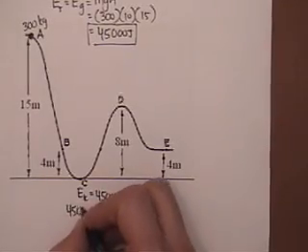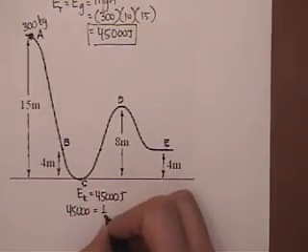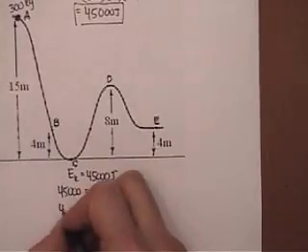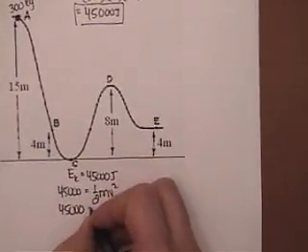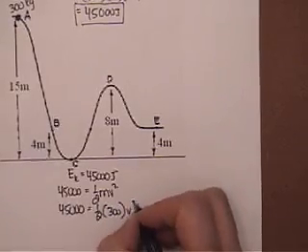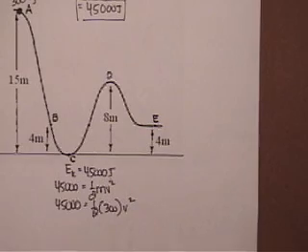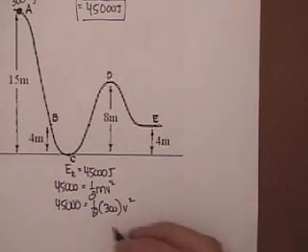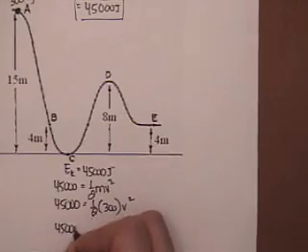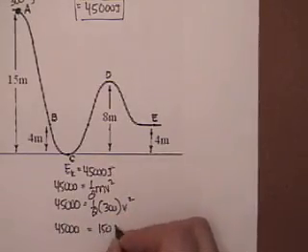So my 45,000 is going to be equal to 1/2 mv squared. So 45,000 is 1/2 the mass of 300 times v squared. Solve that for velocity. When everything is said and done, 45,000 equals 150 v squared.